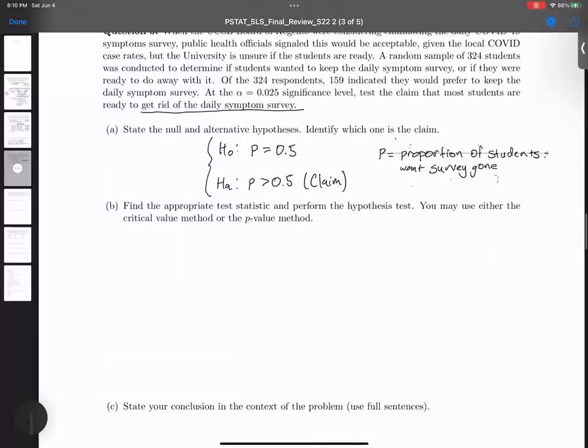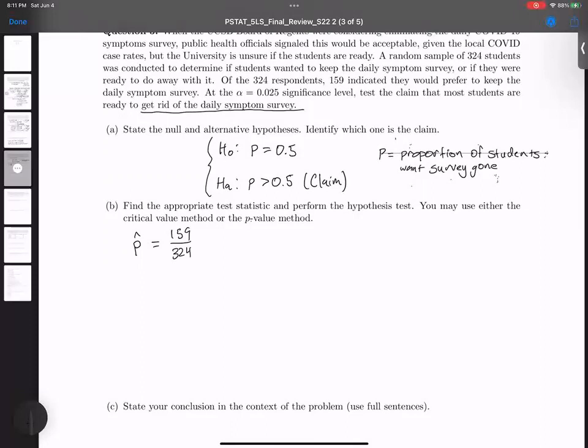P hat. So when we compute P hat in part B, where we're going to find the appropriate test statistic and do the hypothesis test, if we read, of the 324 respondents, 159 indicated that they would prefer to keep the daily symptom survey. So if we just went ahead and said 159 out of 324, we'd be doing the wrong test, because P stands for the proportion that want the survey gone, and what I've just written down is the proportion of students that want to keep the survey.